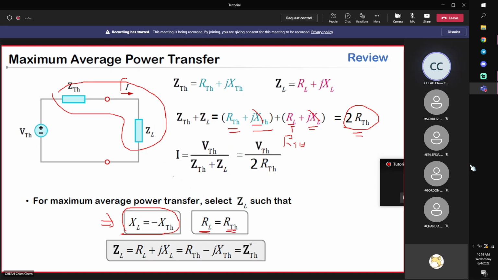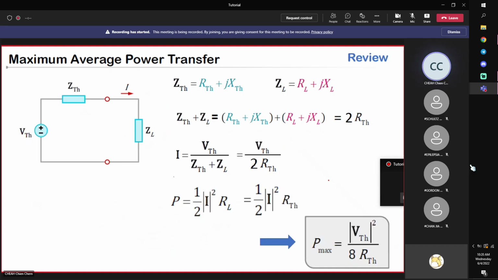If I want to calculate this current, because these are in series, it's just VTH divided by 2 RTH. Which also means that your current here is in phase with your VTH.